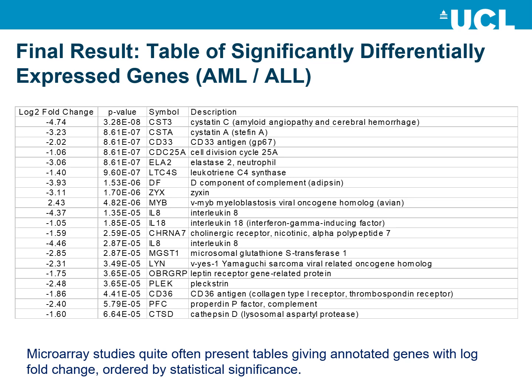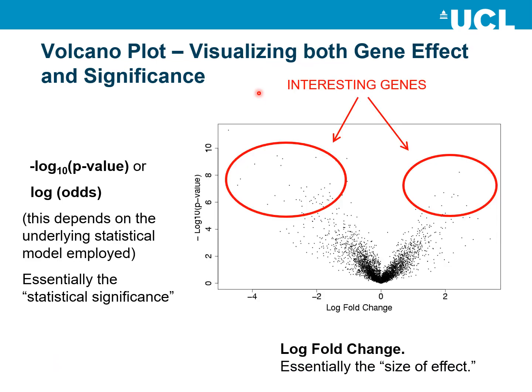We can turn all of these into a volcano plot to actually visualize them easier. So on the x-axis is the log fold change. So we've got +2 is 4-fold upregulated, -2 is 4-fold downregulated, -4 is 16-fold downregulated. So this gene here is about 16-fold downregulated in one of the samples.